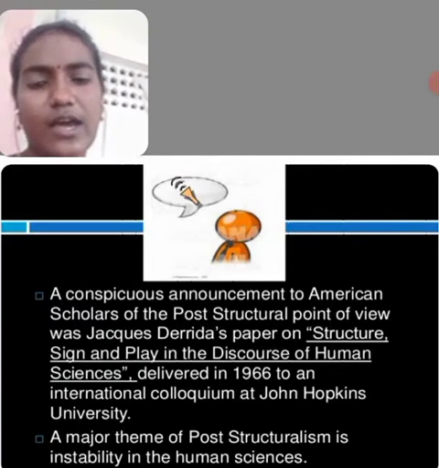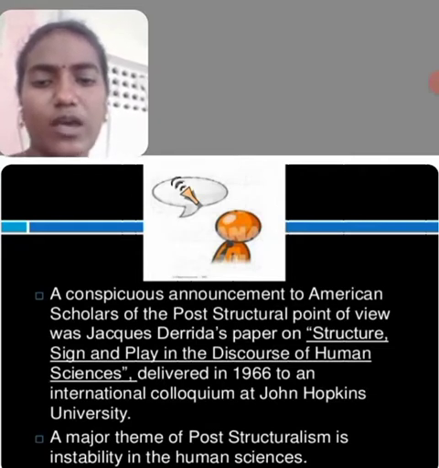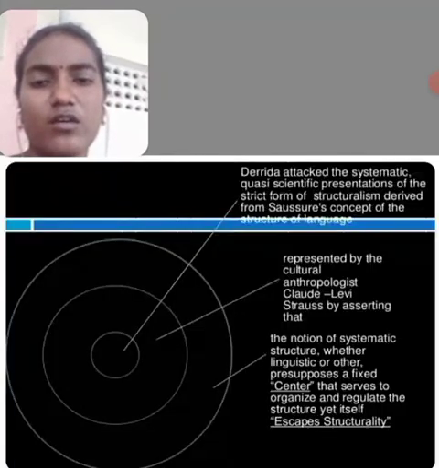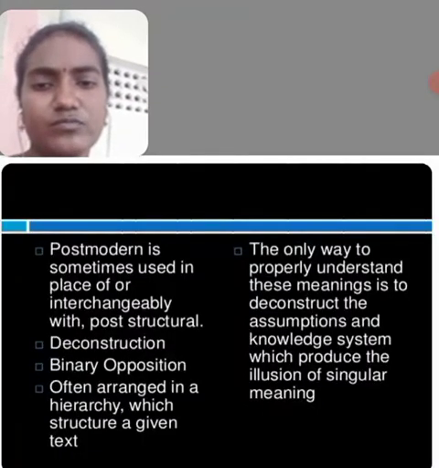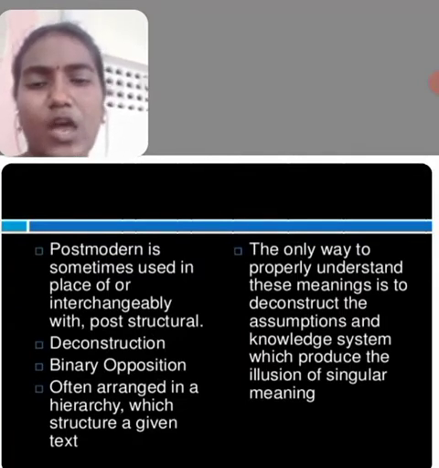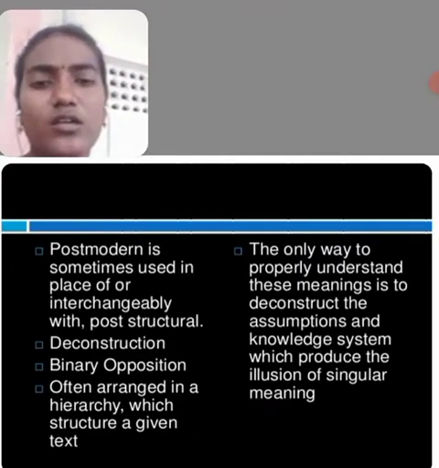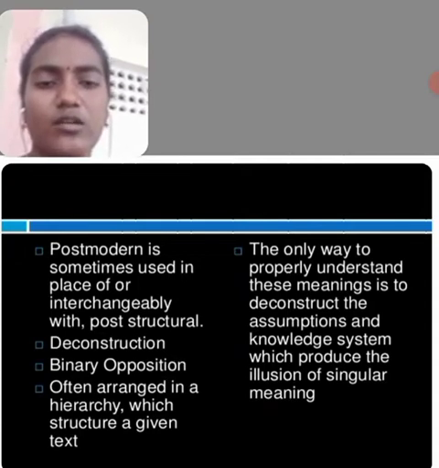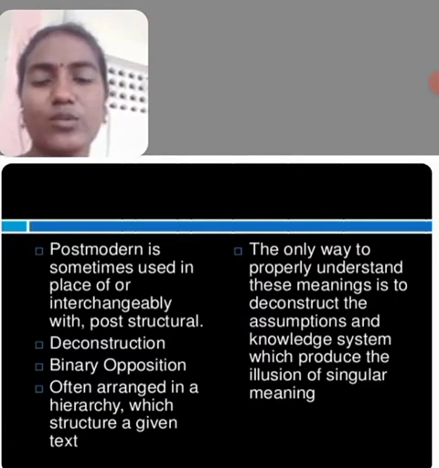Structure, Sign and Play in the Discourse of the Human Sciences. Post-structuralism has major themes in itself. Postmodernism is sometimes used interchangeably with post-structuralism. The only way to properly understand these meanings is to deconstruct the assumptions; a knowledge system has to be deconstructed in post-structuralism.